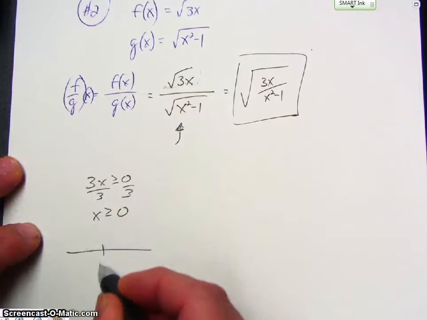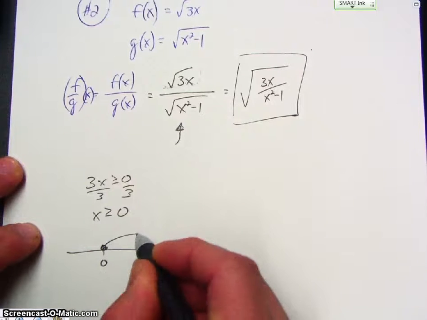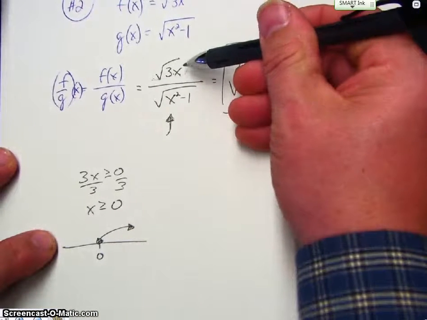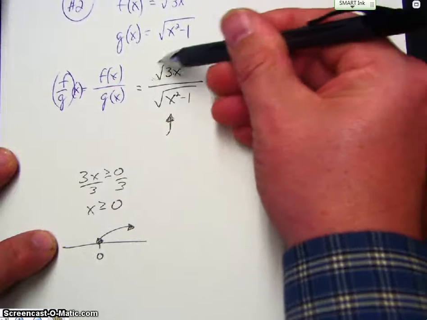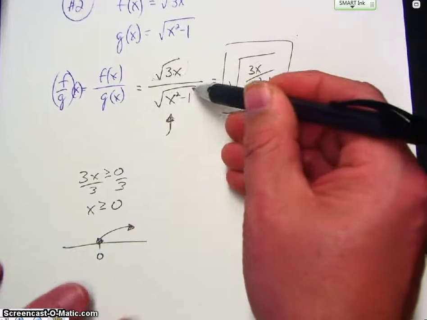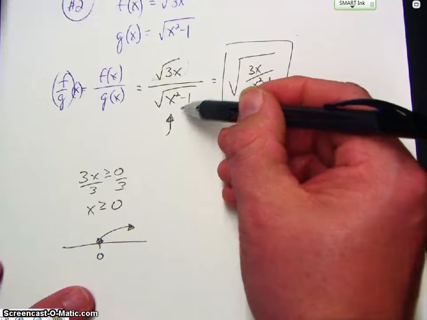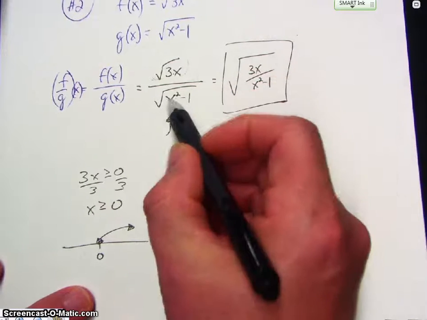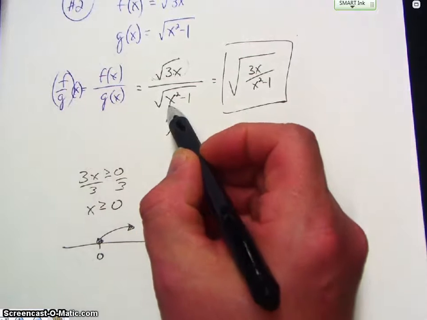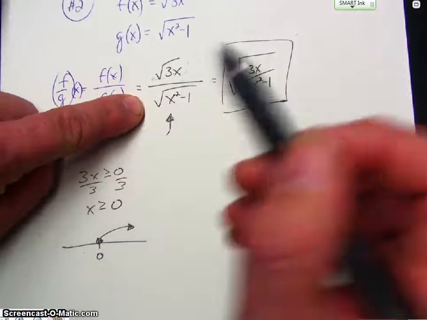Now we're just looking at it graph-wise. All right, that would be the domain. That's to make just this part true. All right. Now we got this denominator, which also has a radical. And inside the radical there is a variable. But since it's also in the denominator, that means there's two restrictions.